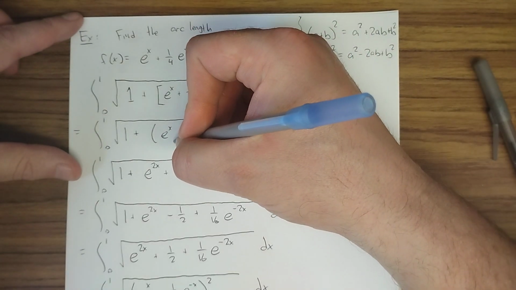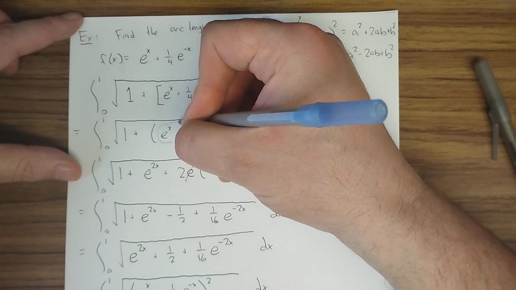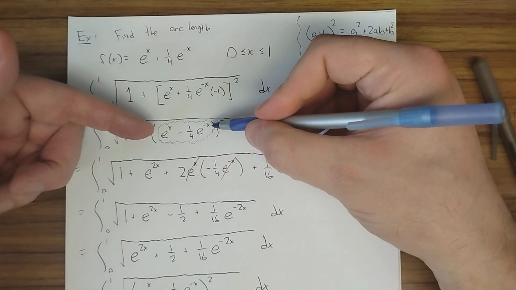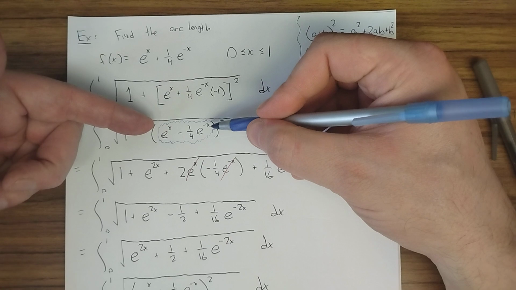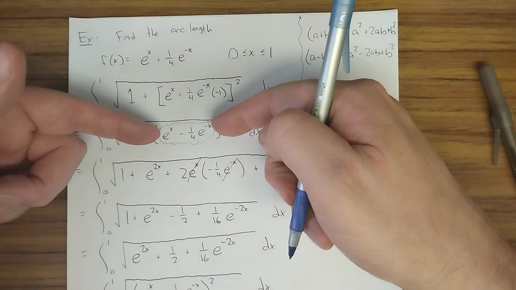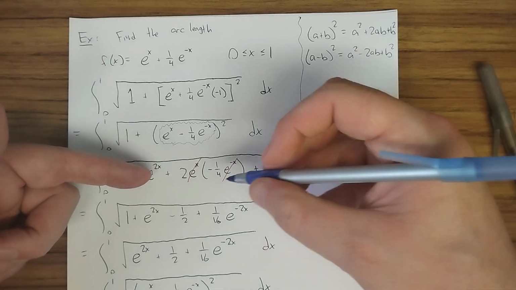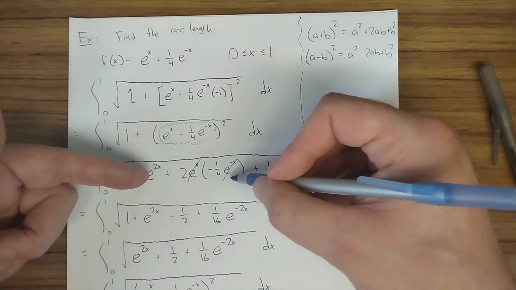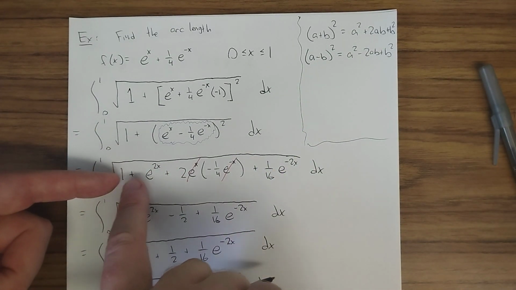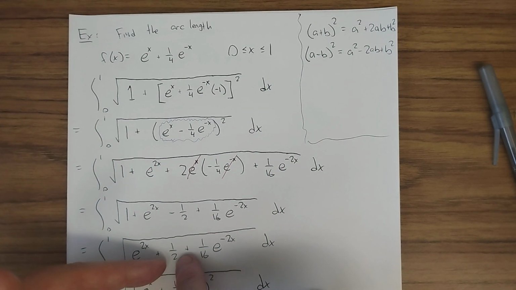At some point, I had this. I squared this out, and this is like a minus b squared. I squared this out, and the thing in the middle was a minus a half. And I combined it with this 1, and it turned into a plus a half.